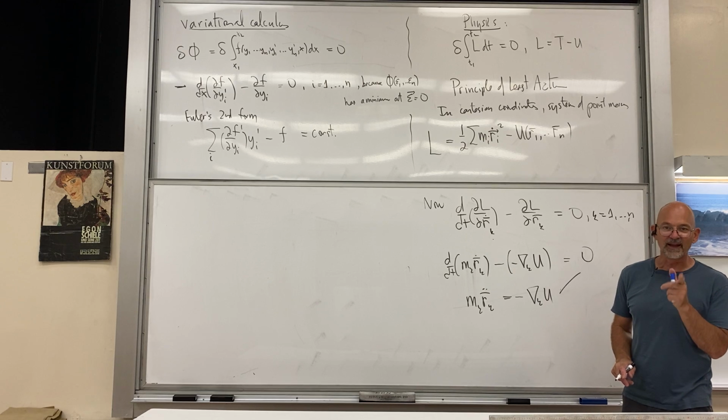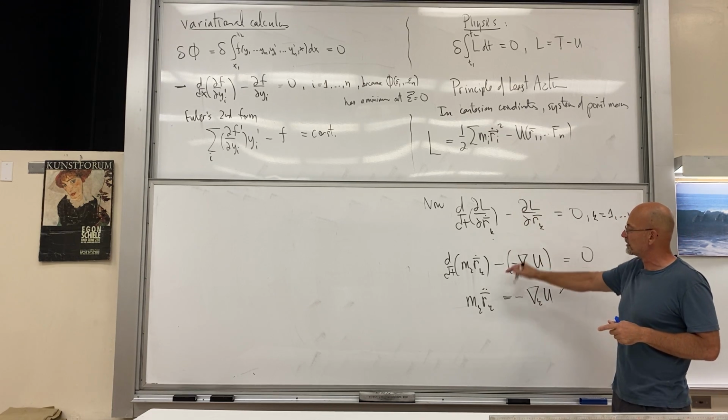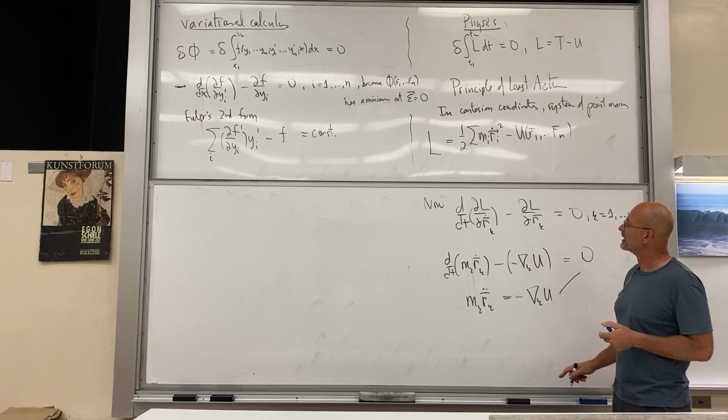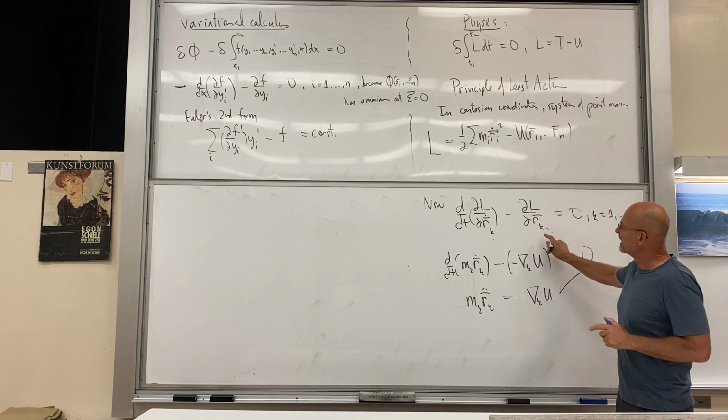Of course, if that's all we get out of this, we wouldn't have gone through the trouble, right? Because that's what we started with at the beginning, a couple lectures ago. But it's a consistency check.